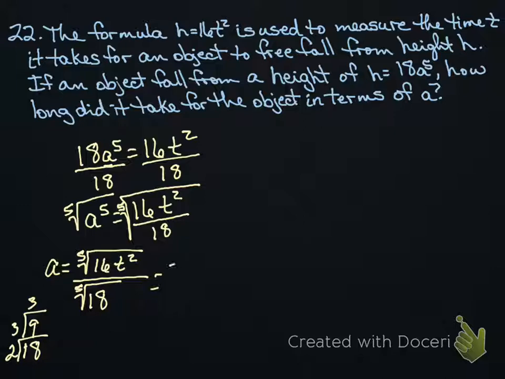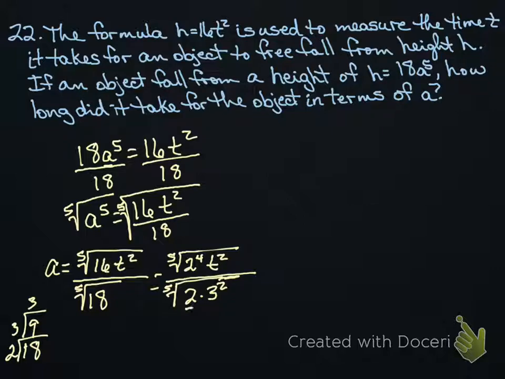So 16 is 2 to the 4th power, t squared, divided by the 5th root of 2 times 3 squared.